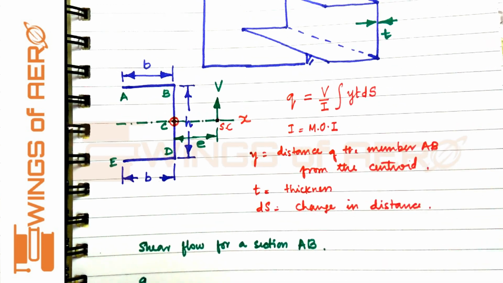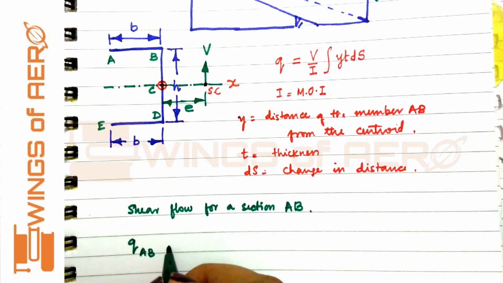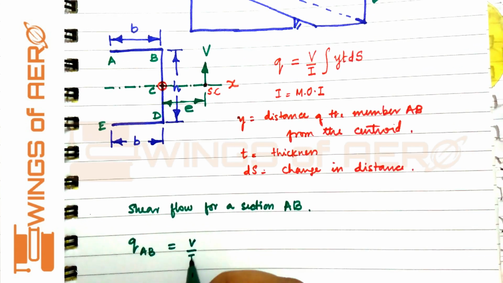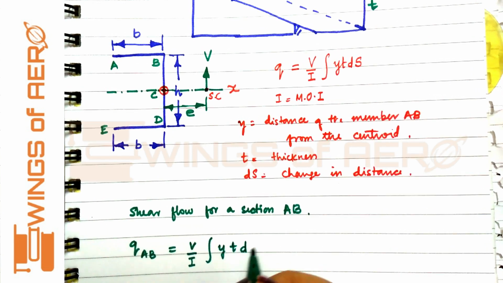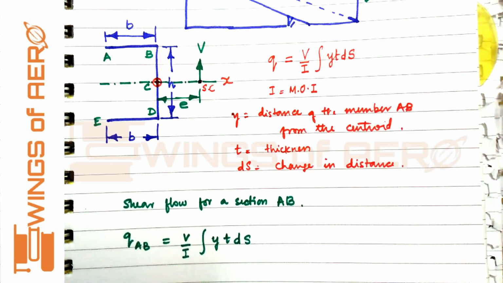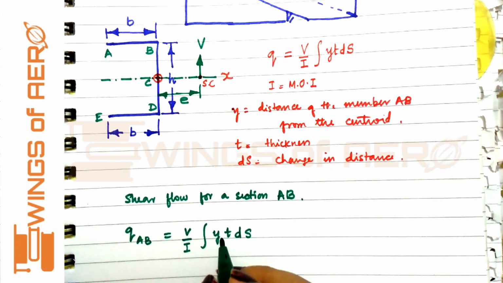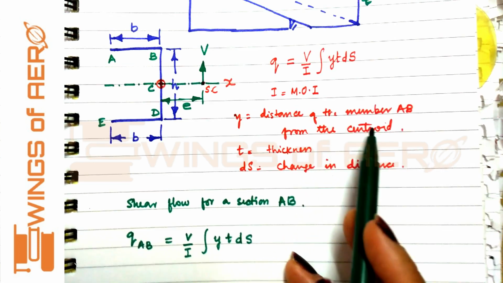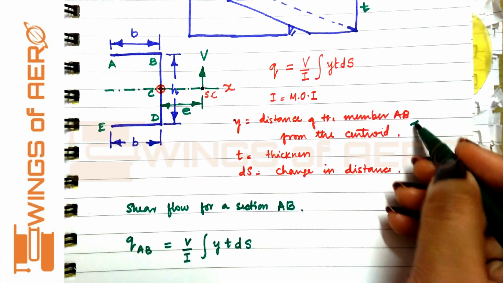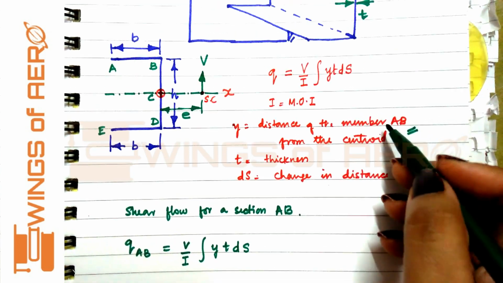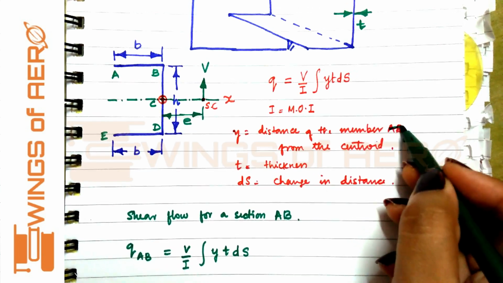So let's write q_AB equals V by I integral y t ds. Now here, we know V and I. What is y? y is the distance of the member AB from the centroid. This is a common thing: when you're considering the member AB, you have to consider that particular member.